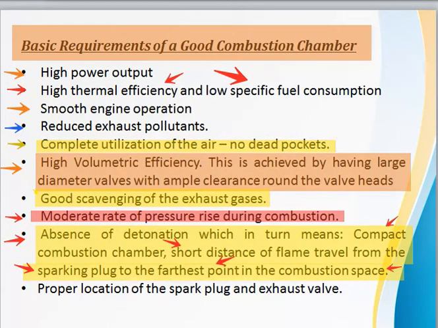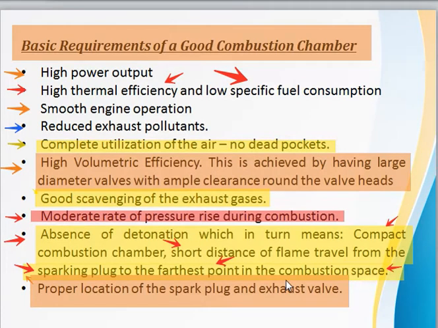Final parameter a good combustion chamber should have is proper location of spark plug. Spark plug should be located at a good location, near to the exhaust valve. Initially, we discussed the design of the combustion chamber.